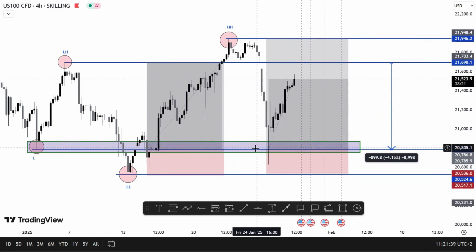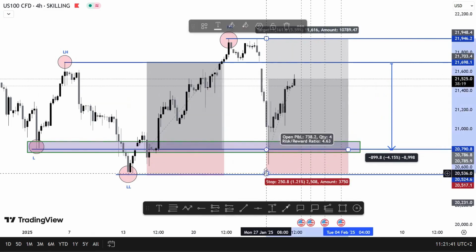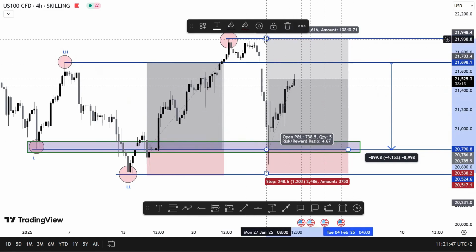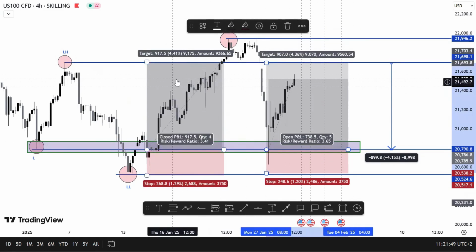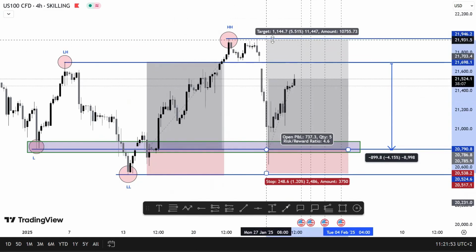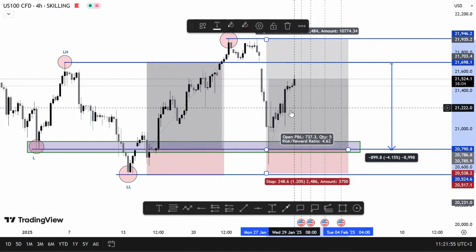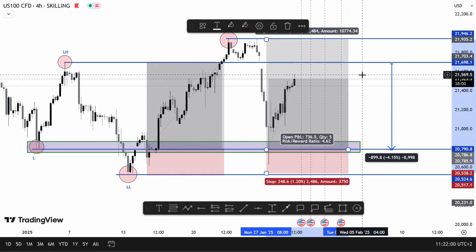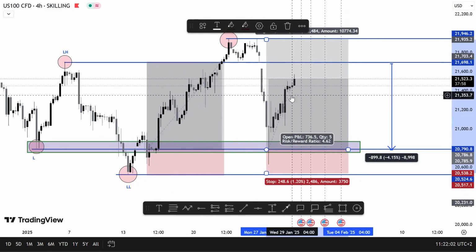You already set up your stop loss on your pending entry. You set up your entry point. You also set up your target profit. You can target this same amount of pips, or you can even target higher, this higher high, or continue to lock in profits as the chart goes up to maximize your profits as the chart keeps going up.